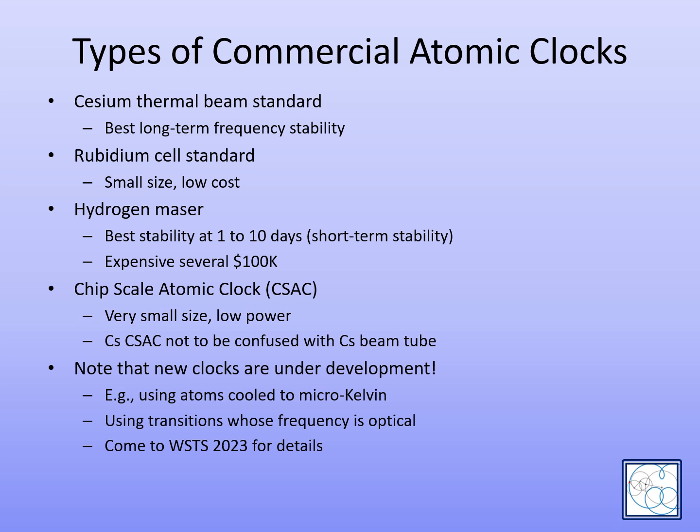Rubidium cell standard, the atoms are contained in a glass cell, and there are other atoms called buffer gases within the cell to keep the rubidium from bouncing off the walls very often, and for other features. This is a much smaller size than the thermal beam and much lower cost.